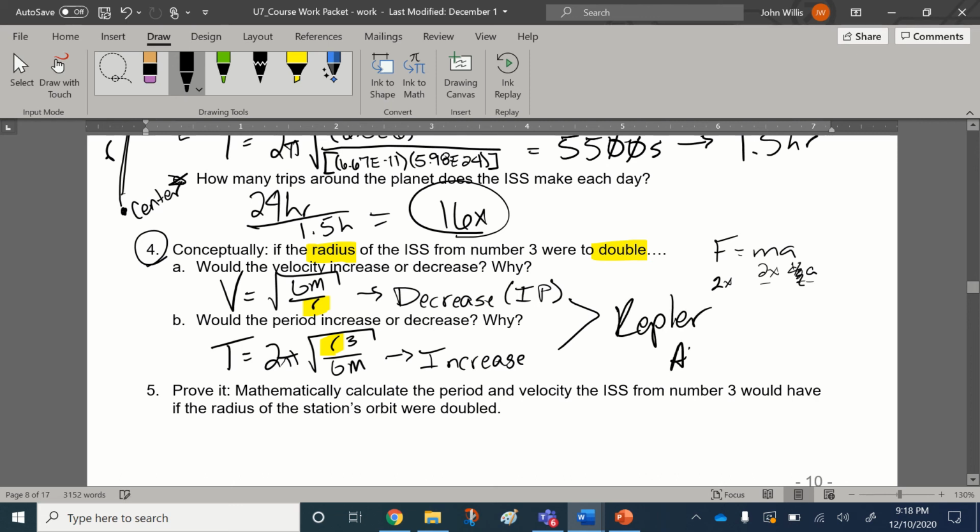Go back to our conversation in assignment 2 where we talked about Kepler's observations using all of the data that he had been gathered from Tycho Brahe and Copernicus and Galileo and all of those other people. The observations he made from that mountain of data indicated that the further away a planet is, the slower it's going to move. The slower its velocity is going to be, and the longer it's going to take to go around the planet. Or heck, even just go check out that video that we watched the very first day of this unit together in class. That is a really great visual of this exact same concept.